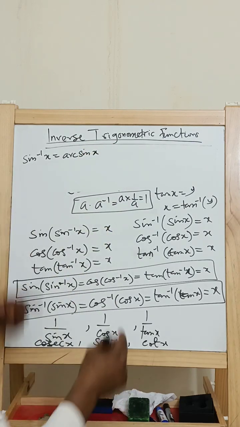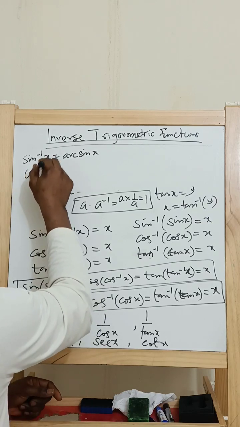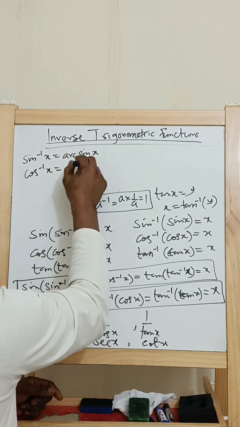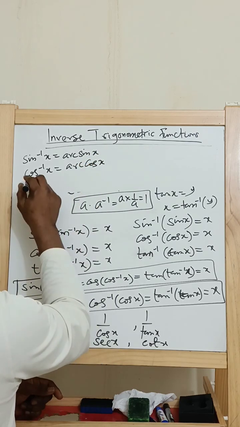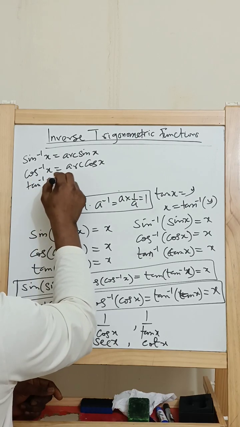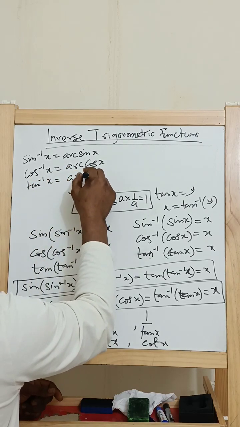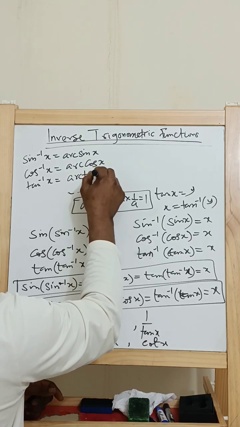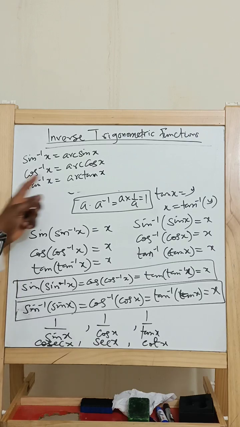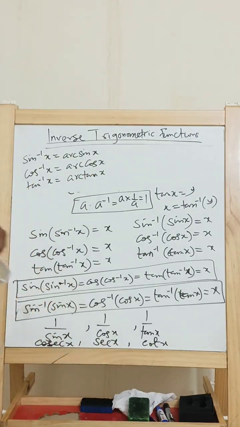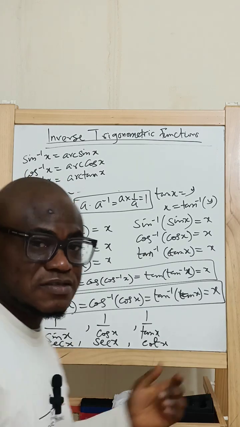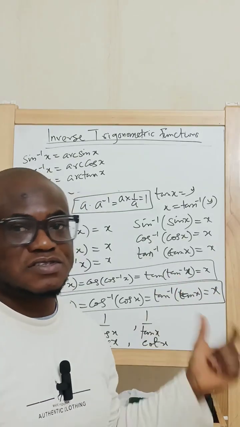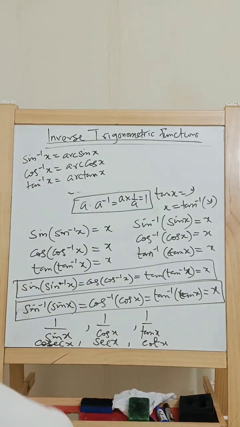Cos inverse of x, you can write as arc cos x, and tan inverse of x will be arc tan x. So we can rewrite it like this. We should just take note of that. So this is the inverse trig function. Thanks.